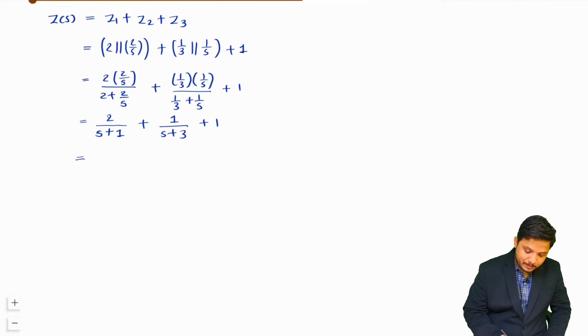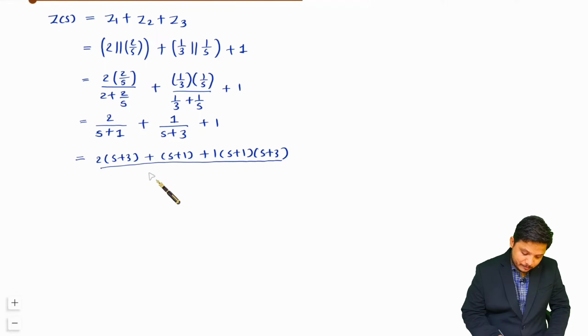Now again we will take the LCM of S plus 1 and S plus 3. So here there will be 2 into S plus 3, plus 1 into S plus 1, plus 1 into S plus 1, S plus 3, divided by S plus 1, S plus 3.